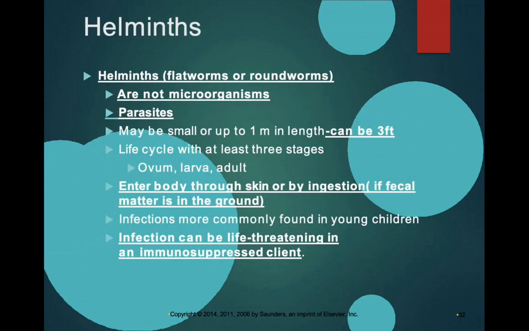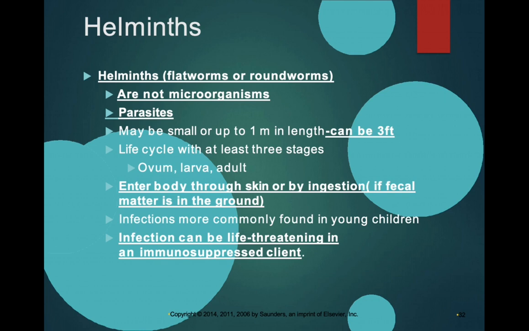Helminths. These are flatworms or roundworms. They're not really considered microorganisms. They are parasites. They could be small, but they could also grow up to about 3 feet long. They have a life cycle that's about 3 stages. They start as an ovum, then become a larva, then an adult.